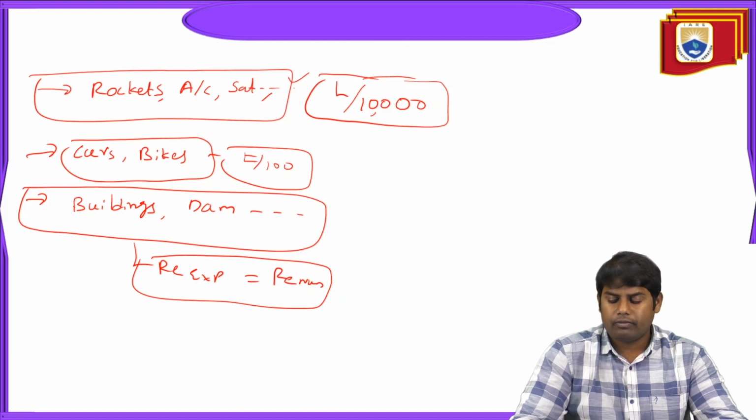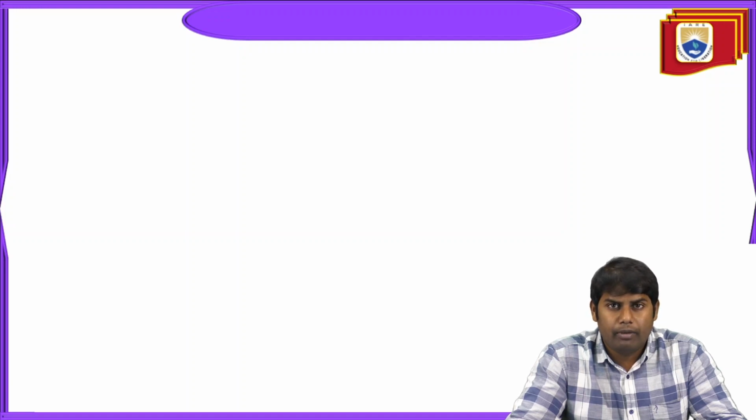So, concluding the session, we have seen that using the Reynolds number, a key non-dimensional parameter, we can compare the numerical results and the experimental results for all fields of science and technology. It can be aerospace, mechanical, automobile, or civil, anything actually.